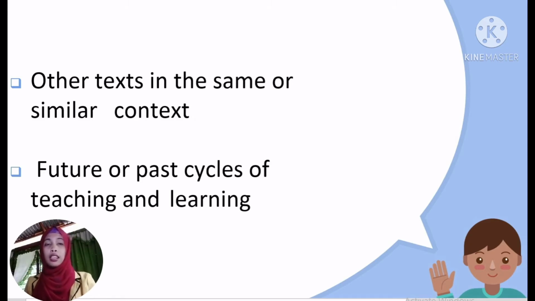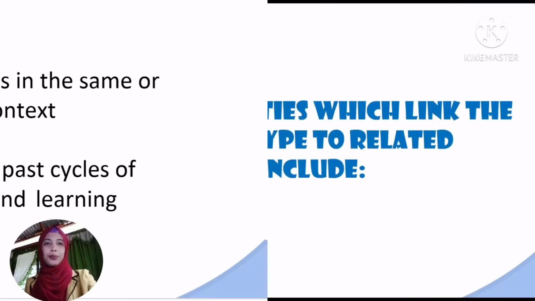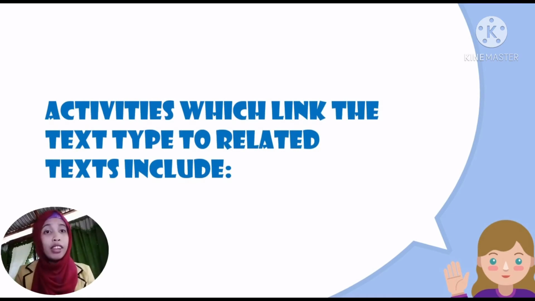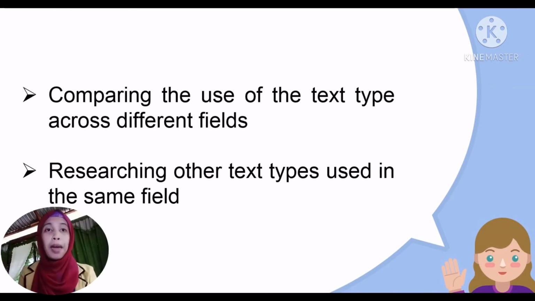The second one that they can relate it to is the future or past cycles of the teaching and learning process. Now, let us proceed to the activities which link the text type to related text. It includes the following. First is comparing the use of the text type across different fields.